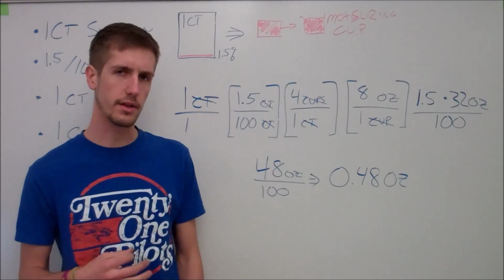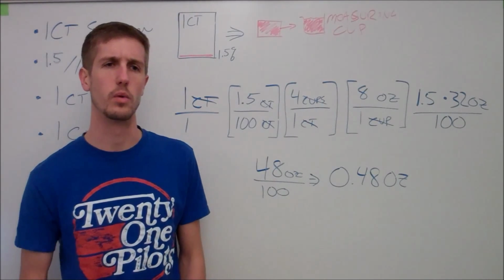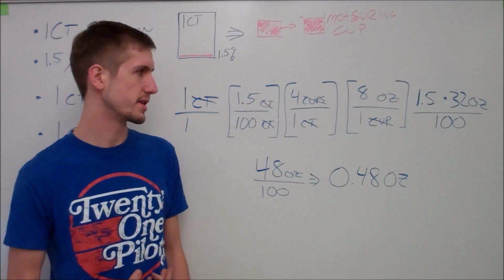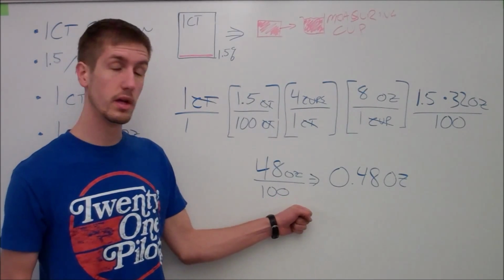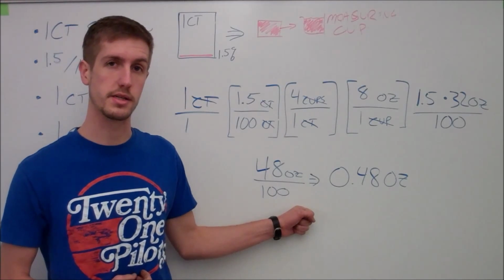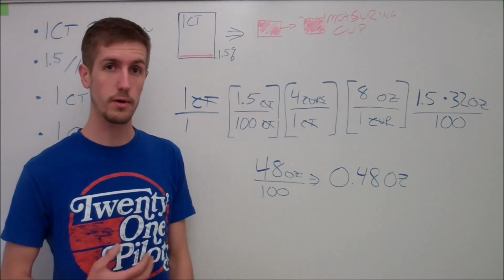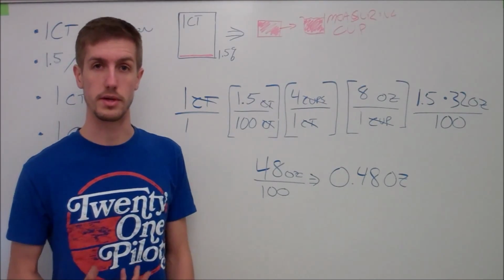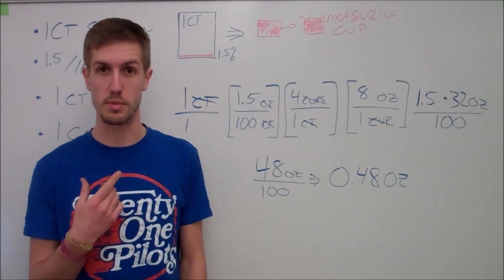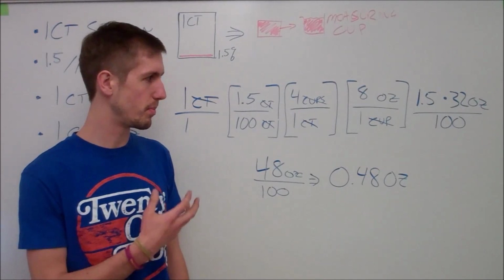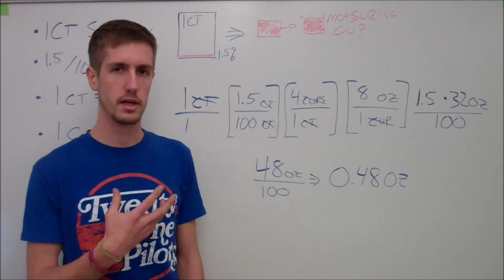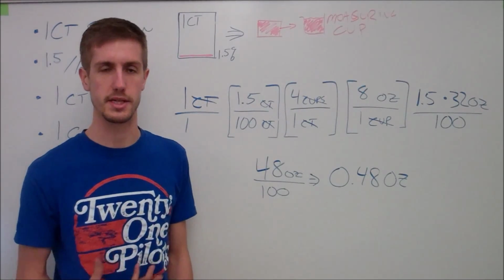Now, I get the question, when is this applicable to me? Why do I need to know unit conversions? And in actuality, this example came from Fisher-Price. What Fisher-Price says, in order for you to clean baby toys, to clean stuff so that when babies put it back in their mouth, they're not going to die, what they recommend is make a solution of chlorine. They say chlorine and water, mix it together.